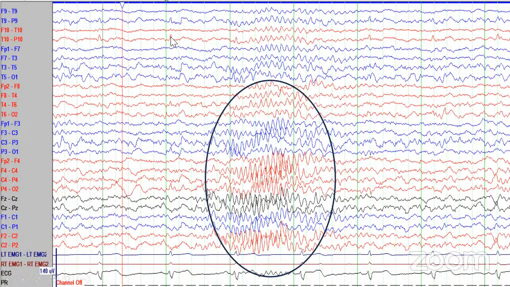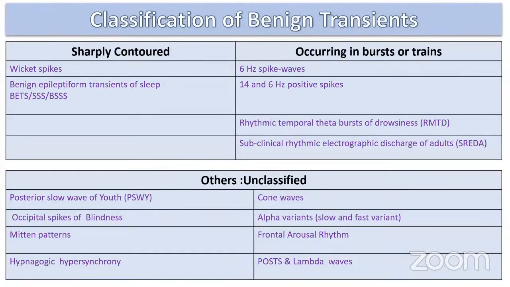So these are nothing abnormal. These are just ECG artifacts because they are time locked with the ECG, which is also getting recorded on this patient. So this was the normal pattern of awake and sleep, plus a few of the common transients which we normally come across, which we usually get confused with something abnormal.